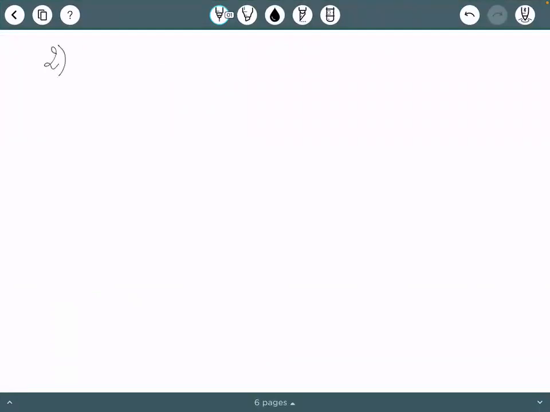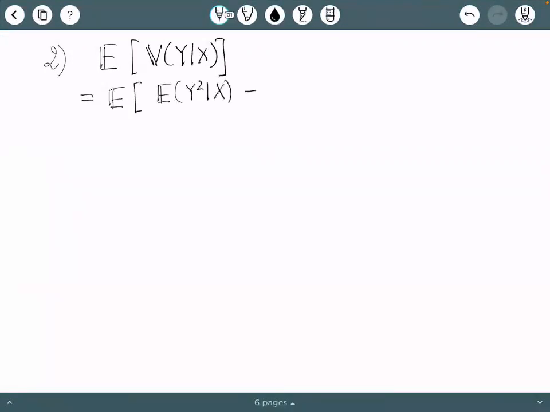We have to compute the expectation of the variance of y given x. The conditional variance of y given x is a random variable. So by definition, it is the expectation of the expectation of y squared given x minus the expectation of y given x squared.